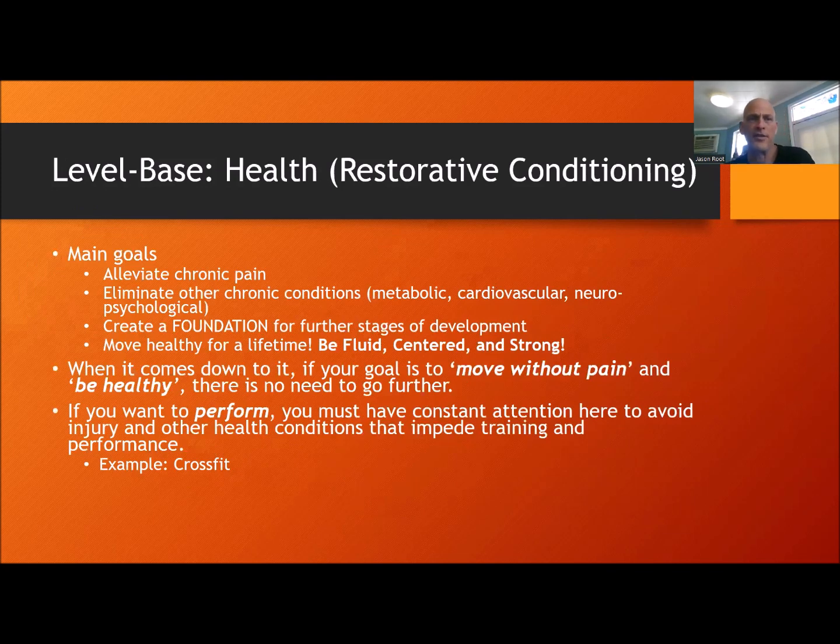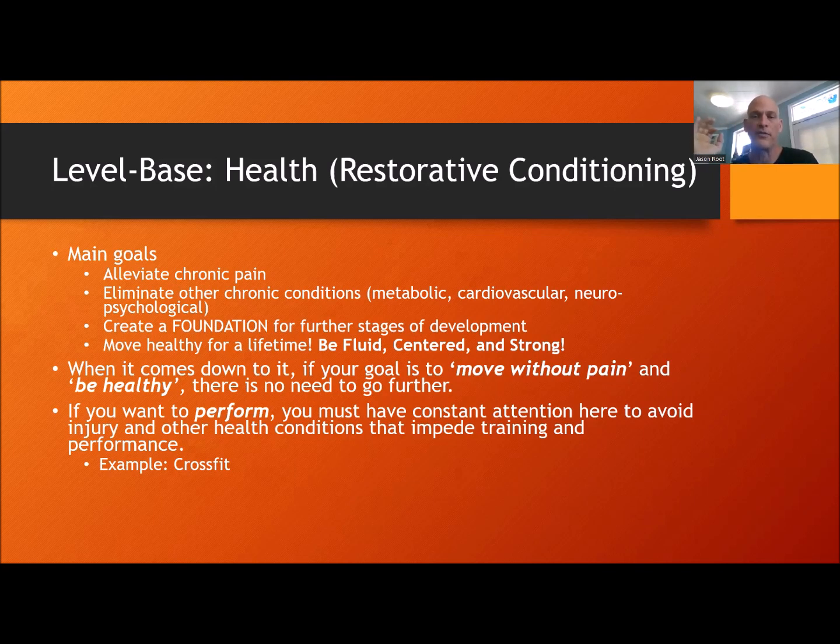If we're looking at the lowest level and the base level, we call it health, or the conditioning for health. We call it restorative conditioning, because we're restoring the body's health. The main goals are to alleviate pain and to eliminate chronic health conditions such as metabolic disease, cardiovascular disease, and neuropsychological disease.